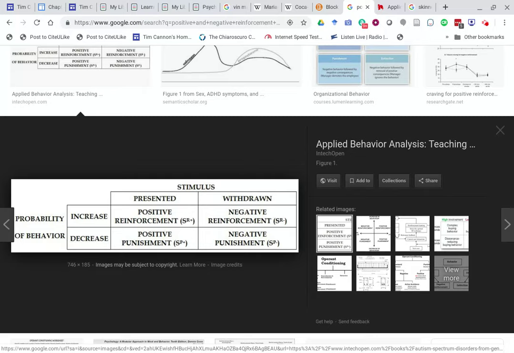Positive punishment is something you don't want to say. That's not good punishment. That means it's punishment based on a stimulus being added to the environment, contingent upon behavior. It is not good punishment. It's positive because the stimulus is added. That cell confuses students.